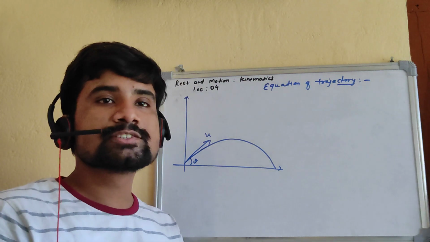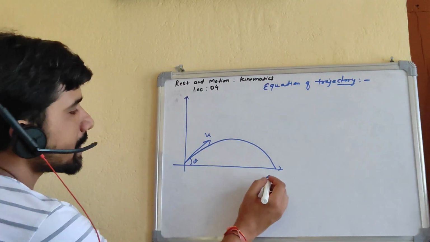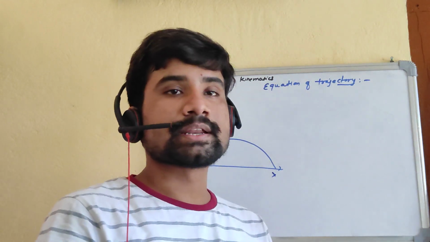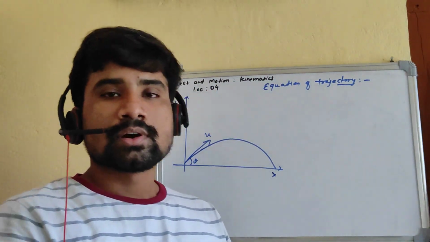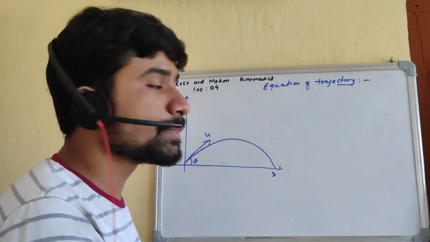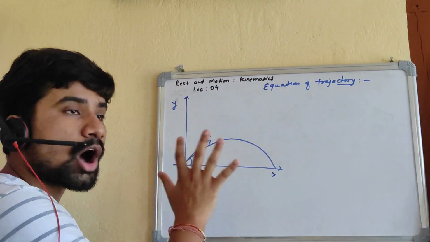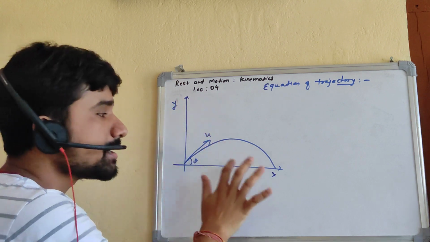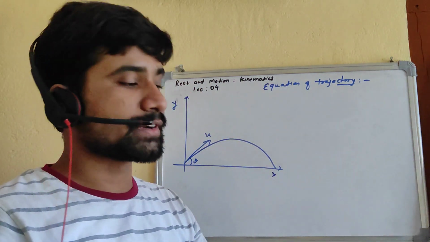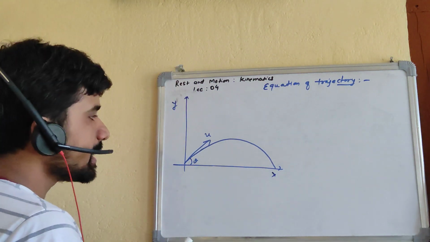To know what this geometry is, we need the relation between x and y, which is called the locus, and which is also called the equation. An equation is nothing but an equality statement representing x and y. How x and y are related to each other at every point in this trajectory is the equation of trajectory, right?